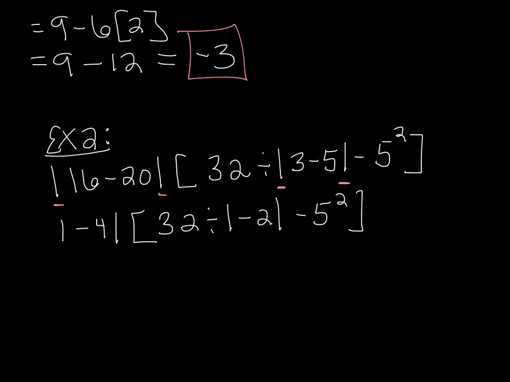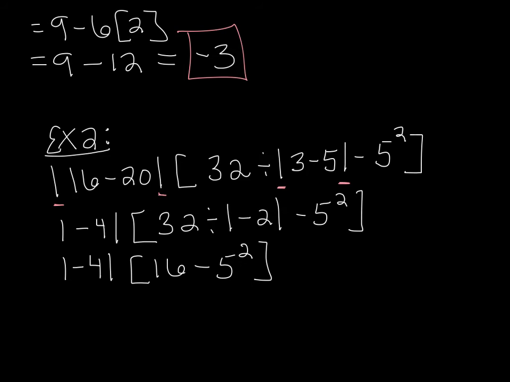Okay, so you can almost think of this as many problems all wrapped up into one. So let's just leave that absolute value sitting out here. The absolute value of a negative 2 is 2. So 32 divided by 2 is 16, and then minus 5 squared.